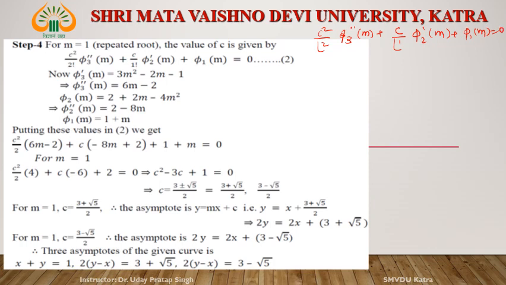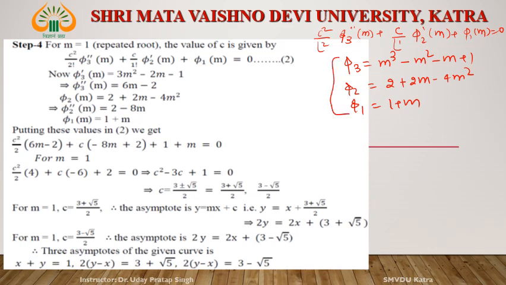Now we know everything. What is φ₃? φ₃ is m³ − m² − m + 1, right? What is φ₂? φ₂ is 2 + 2m − 4m². What is φ₁? 1 + m, right?